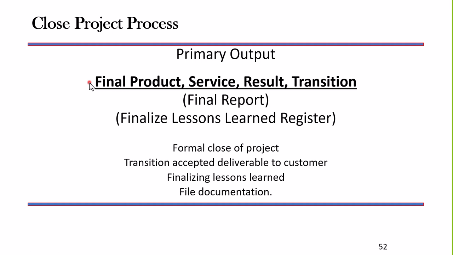And this is where we transition that deliverable to the customer. The customer now is going to take full ownership of it. We'll do any transition things that we need to do to make sure the customer now has full control of that deliverable. So as we look back over what I've been talking about, you can see how we progress from the initiation to the planning, to the executing, to the monitoring and controlling, to the acceptance of the deliverable, and then certainly to the level where the project is closed out.